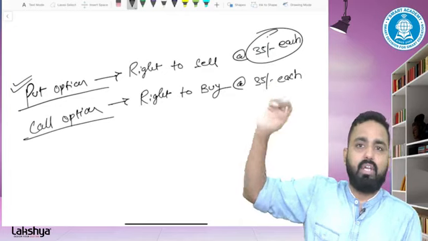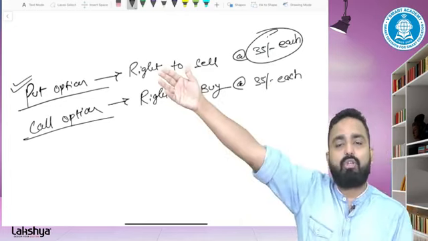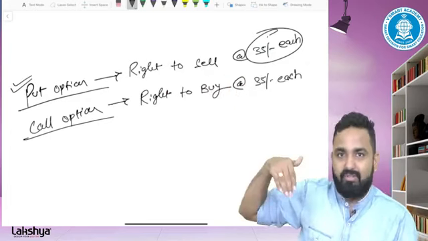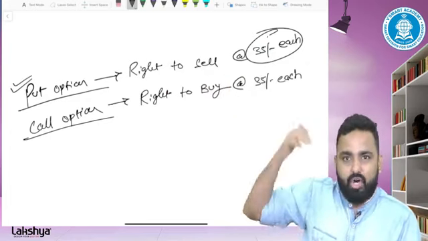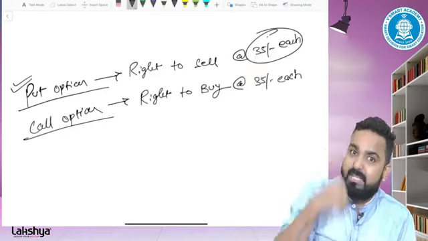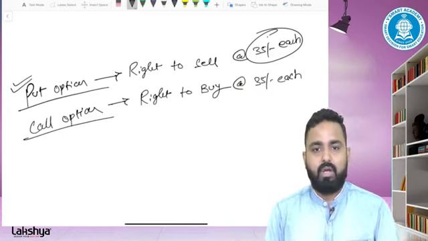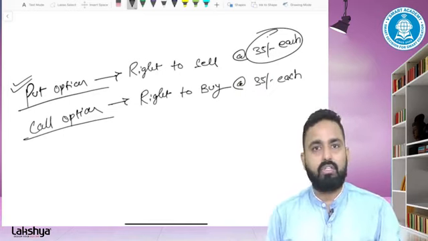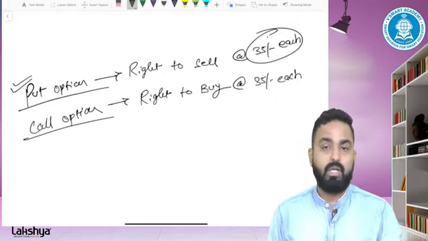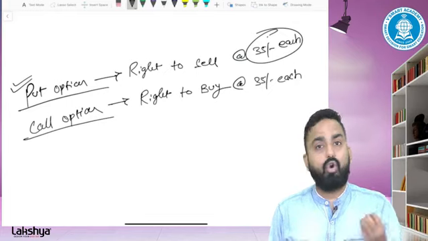Right to buy, right to sell. So I have given you the put option to sell your asset at a particular price. I have given you the call option to purchase a particular asset at a specified price. I hope you have understood the put option and the call option.